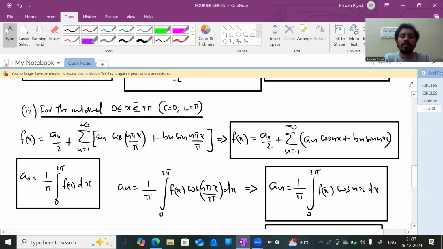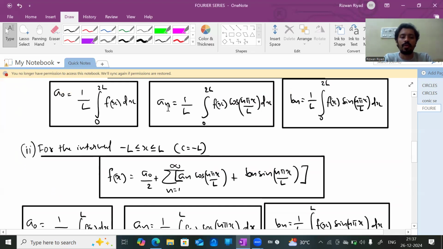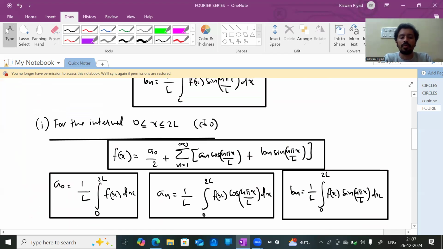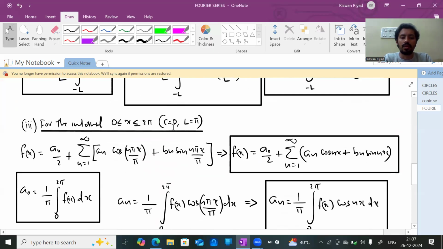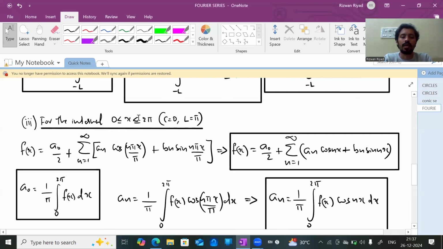Here I have given the value 0 for c, and we discussed already in case 1 that if you give 0 for c, this will happen: 0 less than or equal to x less than or equal to 2L. And again I am giving a substitution, pi for this L, so this becomes 0 less than or equal to x less than or equal to 2 pi. That's what you can see here. That means c is equal to 0, L is equal to pi.